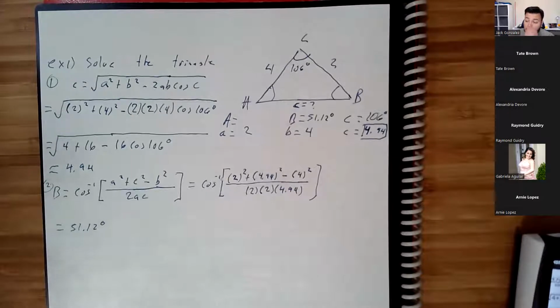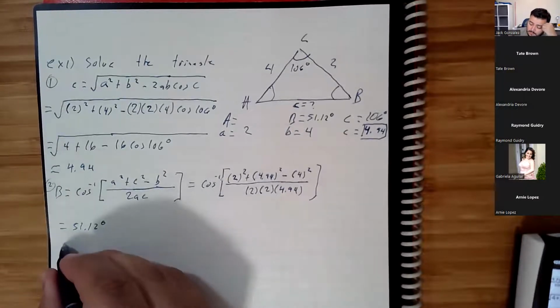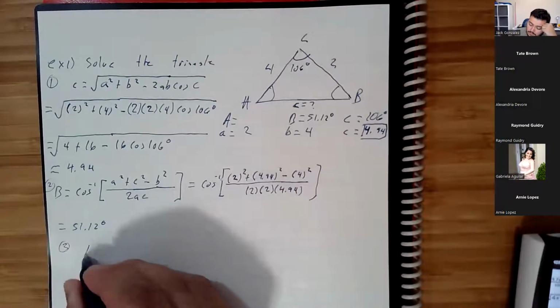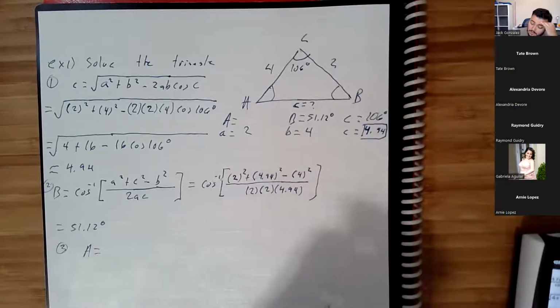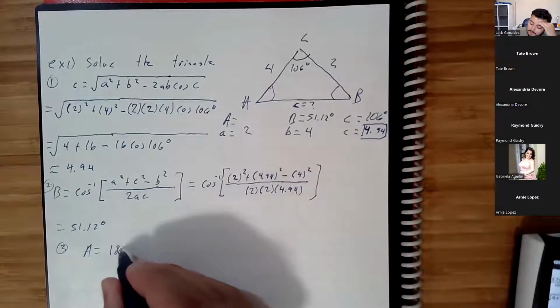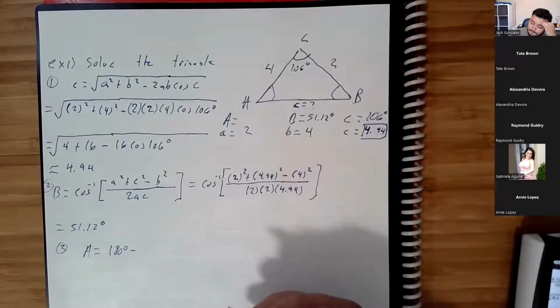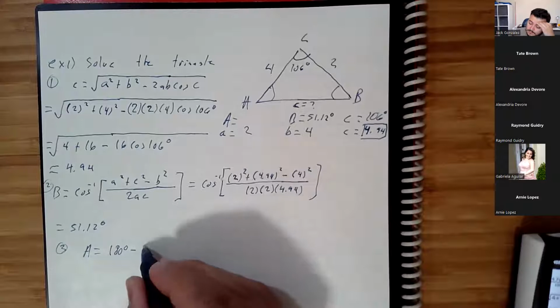Now we can find A, no problem, right? We have two angles, so subtract from 180. Third thing we're doing here, solving for A, is equal to 180 minus the other two angles.